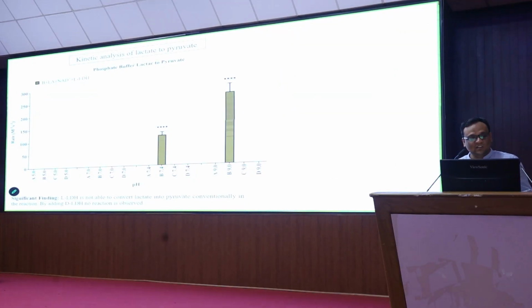here you can see when we are checking lactate to pyruvate reconversion. What should happen if lactate is reconverted to pyruvate? NAD plus should become NADH plus H plus. The formation of NADH plus H plus is not very feasible. You can see the numbers are very low at pH 7.4 and 9.